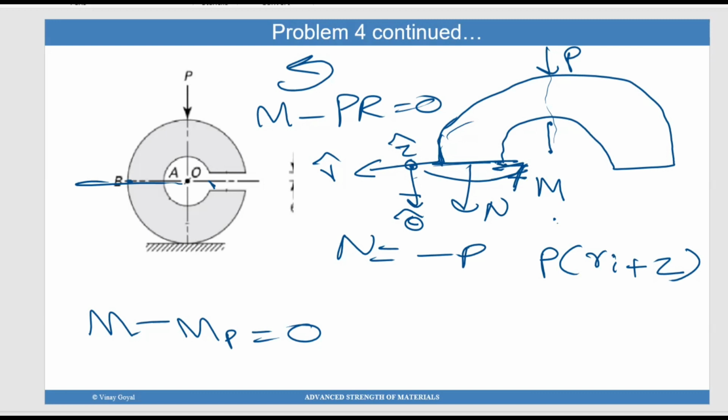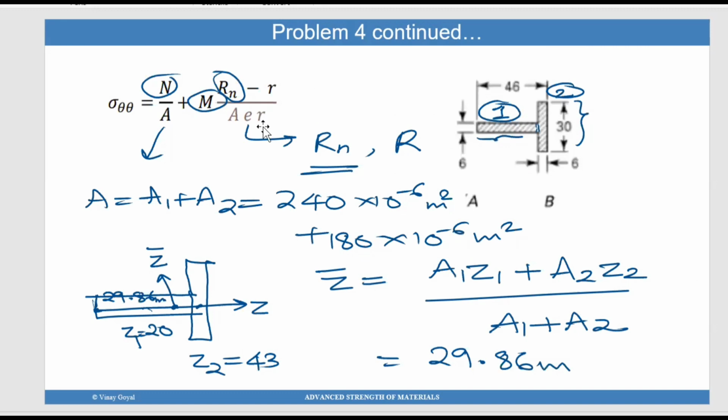So this is how it is. MP is PR. You know what R is, you know what P is, and you know N is. N is simply minus P because of force balance. So put everything in this. You know A, you know N, M, Rn, all of that. So you will get a sigma theta theta expression, right?